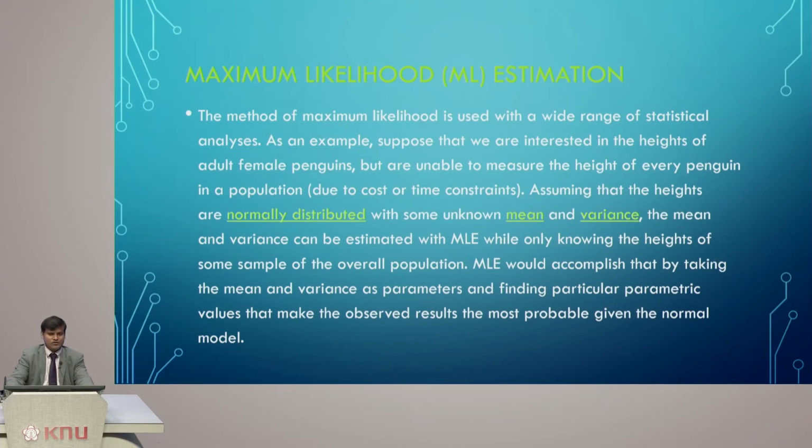So assuming that the heights are normally distributed with some unknown mean and variance, what you can do is take a sample of the overall population. Say if you have 100,000 penguins, you take a sample of say 1,000 penguins and try to estimate the value.